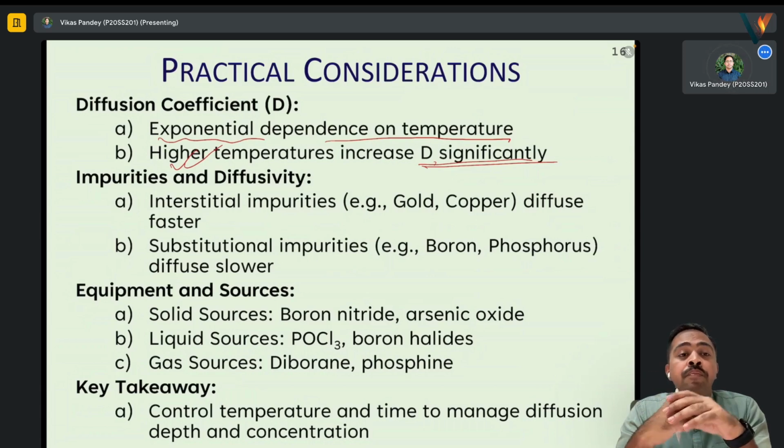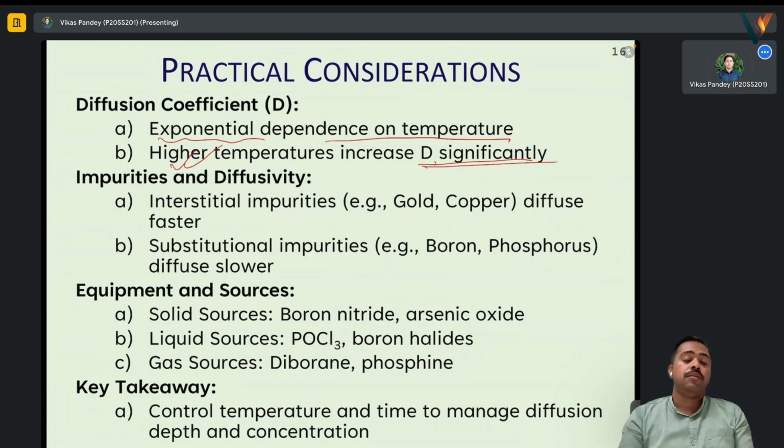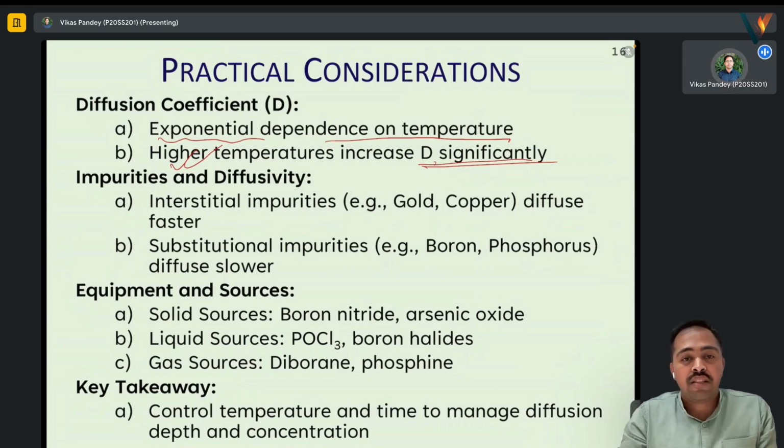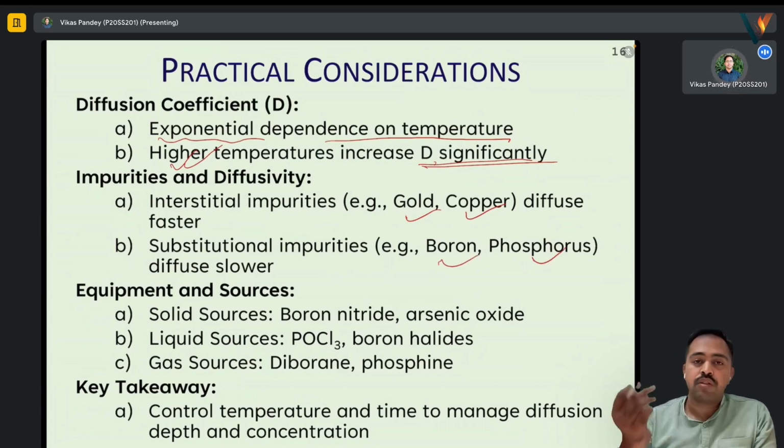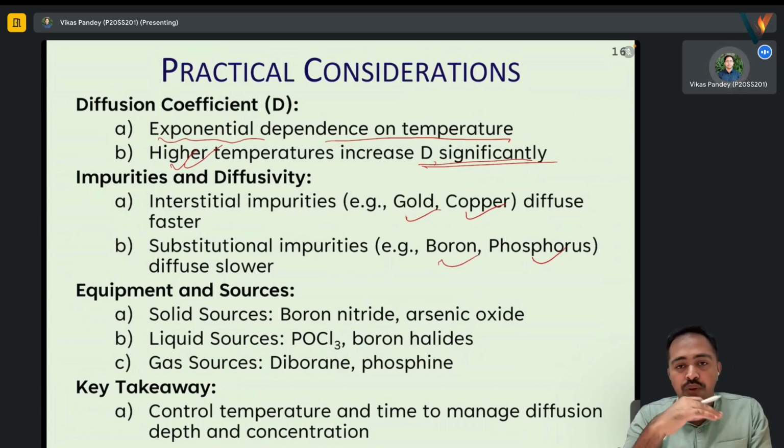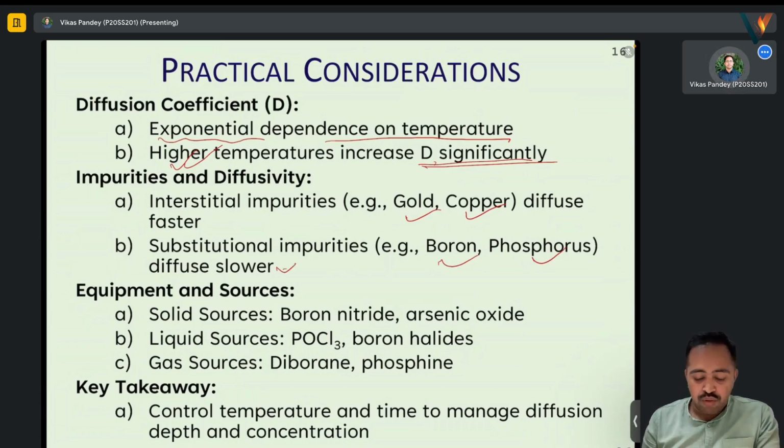Then comes impurity and diffusibility. All impurities or all doping materials we use don't have the same diffusibility. Interstitial impurities like gold and copper diffuse fast, whereas substitutional impurities like boron and phosphorus, which are being used for doping, diffuse slower.